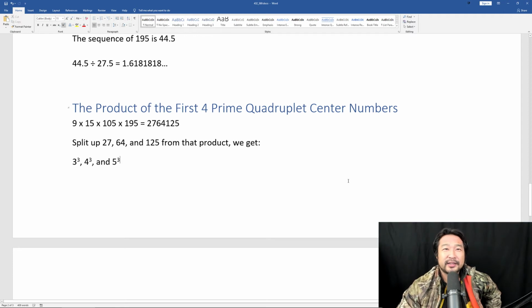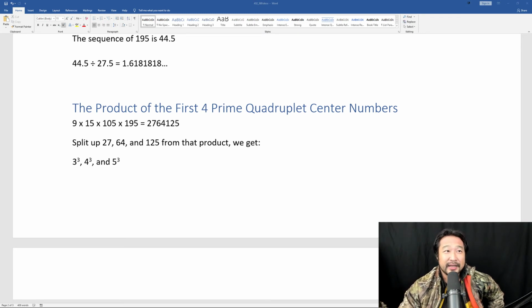All right. Now, the product of the first 4 prime quadruplet center numbers. This is where we start getting a little bit further, and it gets fun too, because you play around with different things that the people who, I guess we assume, are manipulating the world to their favor for their benefit.